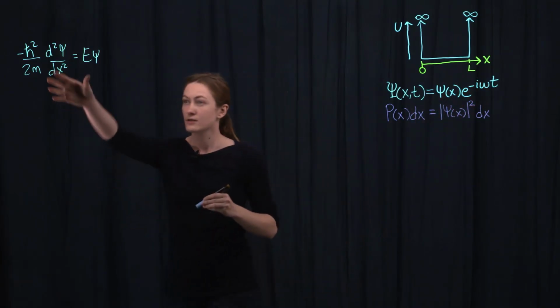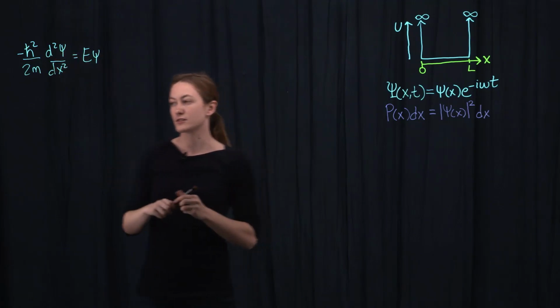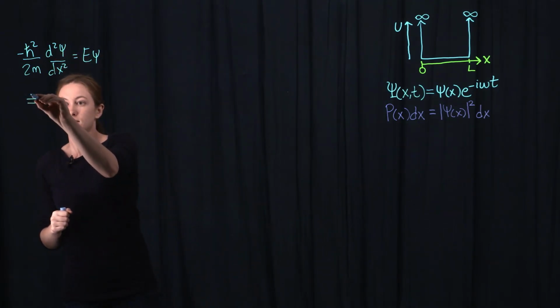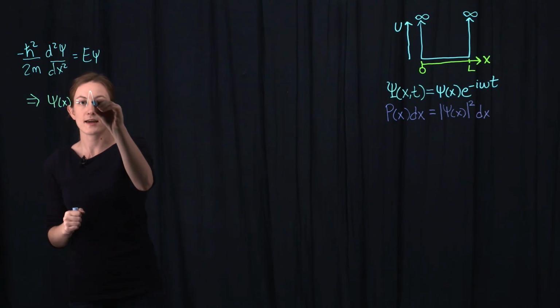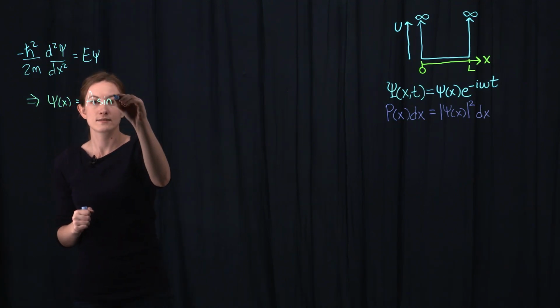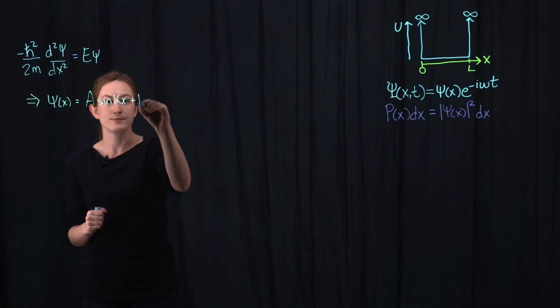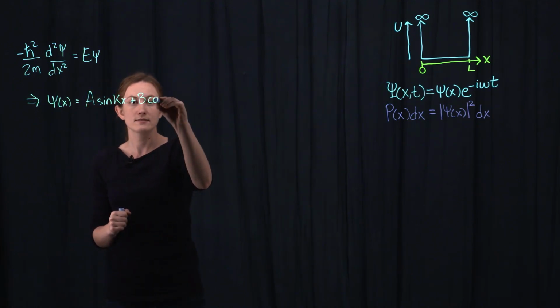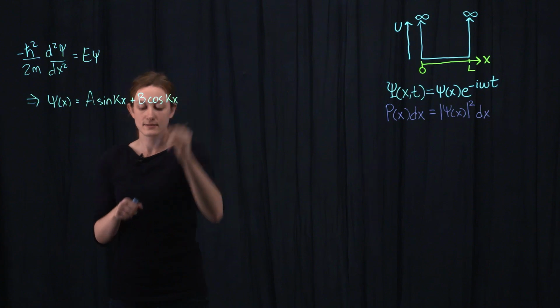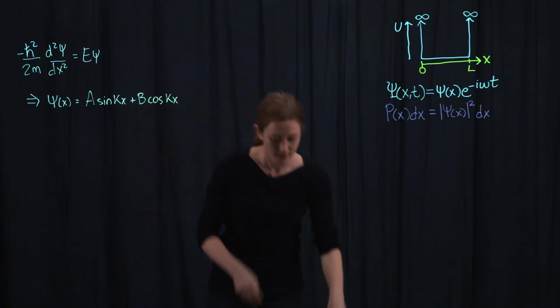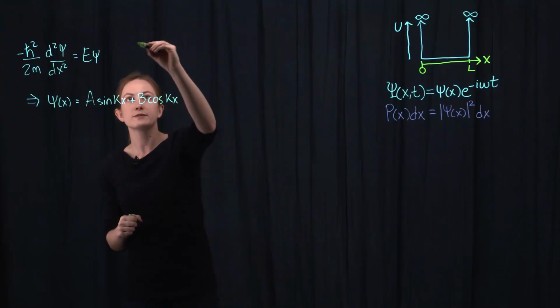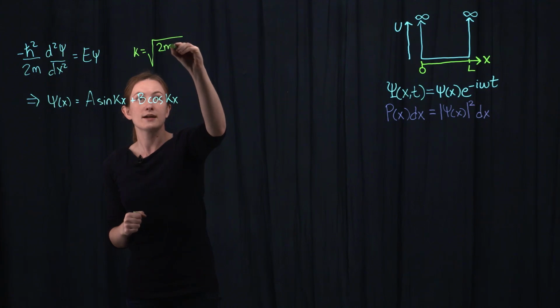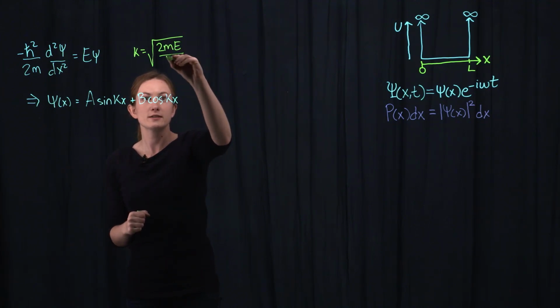So the most general solution to this equation is psi of x equals A sine kx plus B cosine kx, where k is the combination of variables here, root 2mE over h bar squared.